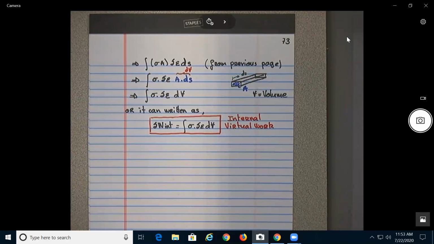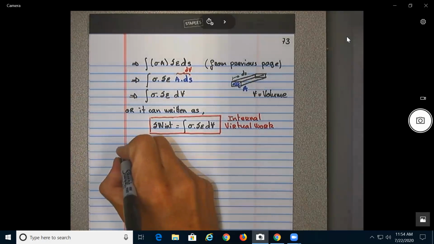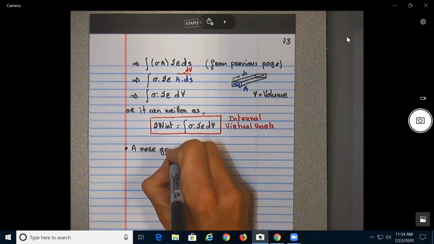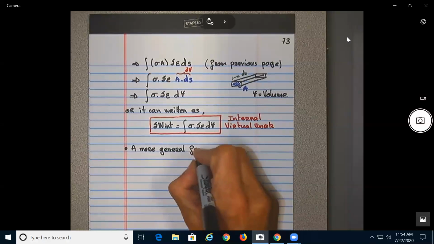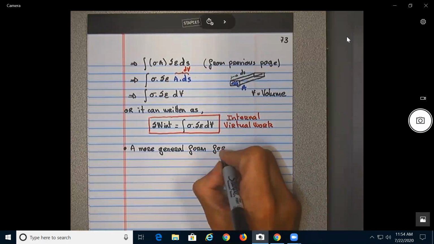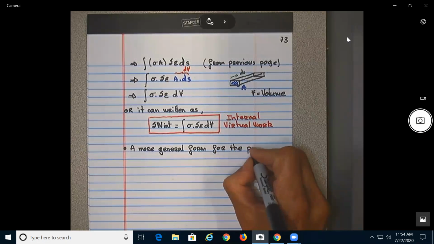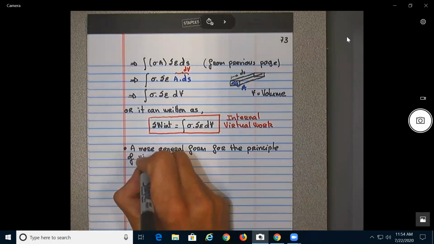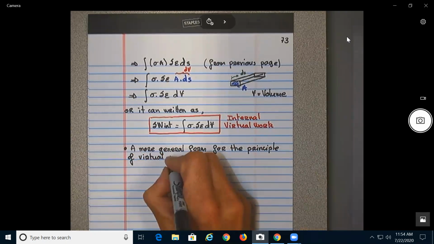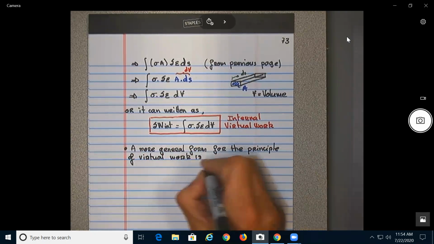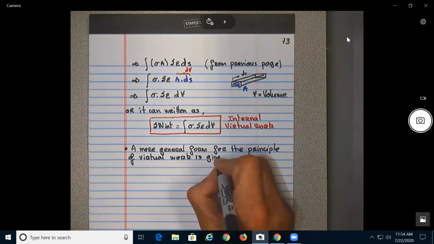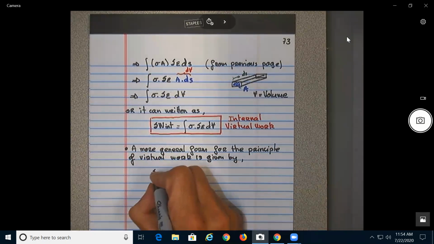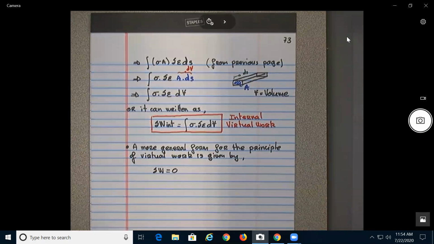Okay, so now a more general form for the principle of virtual work is given by, so basically the equation we had was this one at the beginning, at the start.